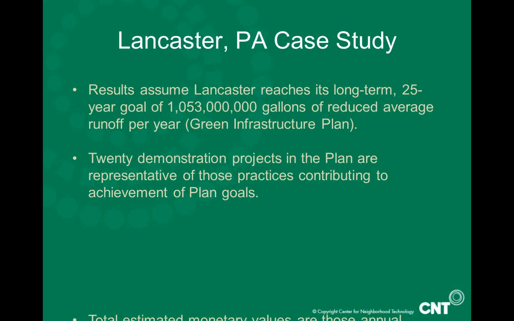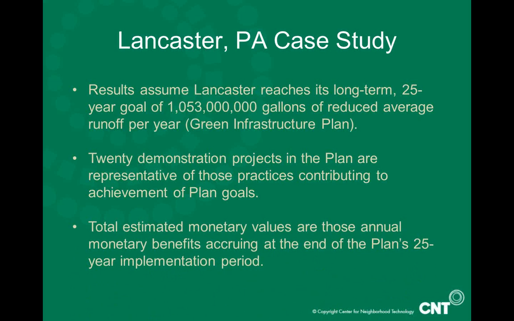And we then created a mix of those kinds of projects to achieve the billion-gallon goal, and applied the equations to them and came up with a total that is an annual monetary benefit.